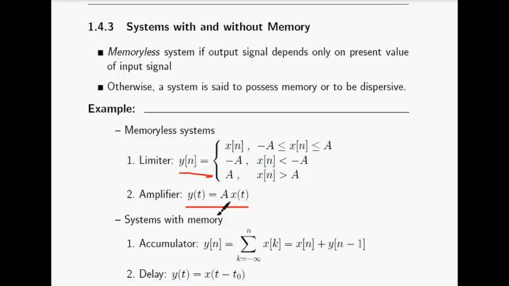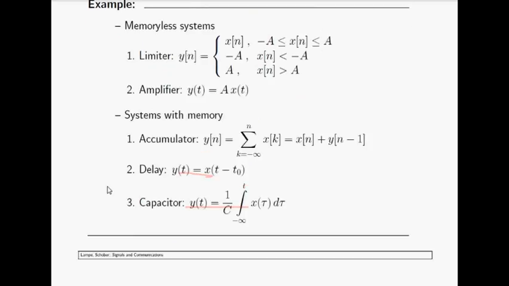Now let's see systems which have memory. First one is the accumulator, second one is delay, and third one is capacitor. So let's first see the accumulator. The accumulator system has this equation. If I put n equal to, let's say, 0, then y(0) is equal to x(0) plus y(minus 1), which will not exist.